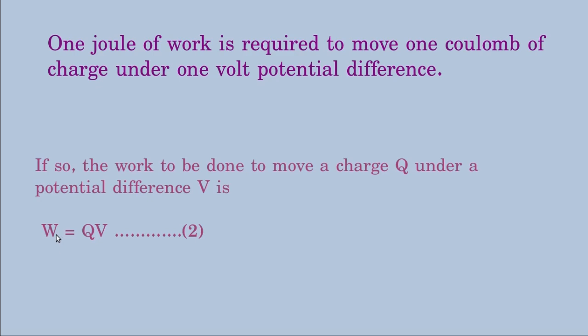അതായത് വർക്ക് ഡൺ എന്നത് സംഭവിക്കണമെങ്കിൽ അവിടെ പൊട്ടൻഷ്യൽ ഡിഫറൻസ് ഉണ്ടാവണം. ഇല്ലെങ്കിൽ വർക്ക് ഡൺ ഇല്ല. നമുക്ക് വർക്ക് ഡൺ കിട്ടണമെങ്കിൽ നമ്മൾ പൊട്ടൻഷ്യൽ ഡിഫറൻസ് V അതിനെ ചാർജ് Q കൊണ്ട് മൾട്ടിപ്ലൈ ചെയ്താൽ മതിയാവുമെന്നാണ് നമുക്ക് ഈ ഇക്വേഷനിലൂടെ മനസ്സിലാകുന്നത്.